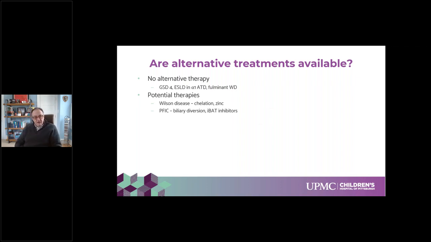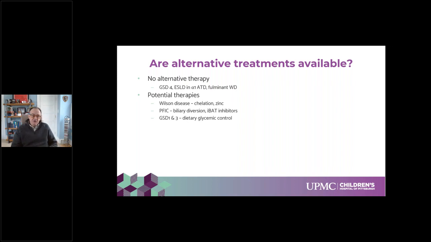For the familial cholestasis syndromes, biliary diversion is advocated by many centers, and there's a whole new group of drugs that have just become FDA approved or are in the process of FDA approval that inhibit the uptake of bile acids from the terminal ileum and can alleviate many of the features of PFIC that are so troublesome to the patients.